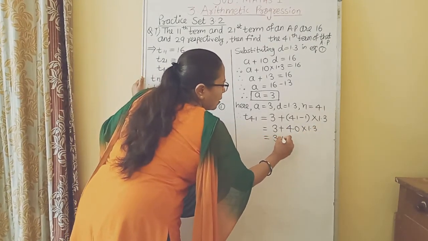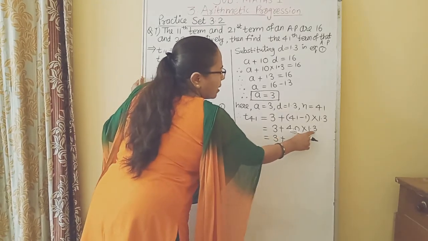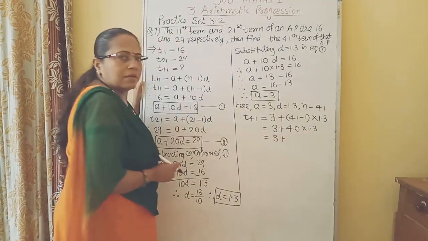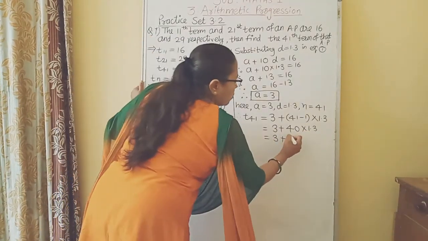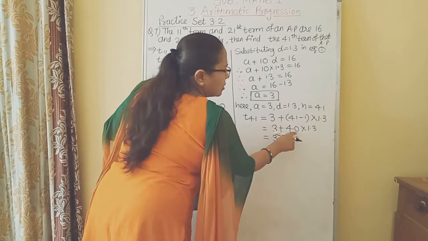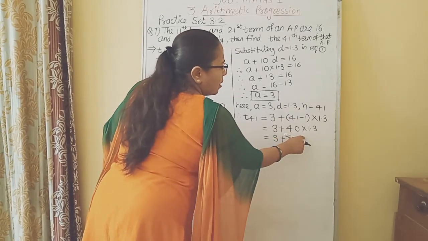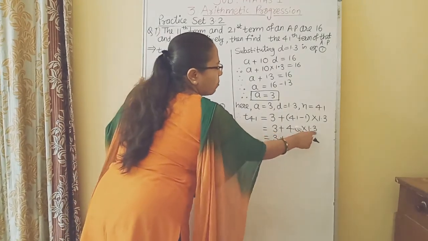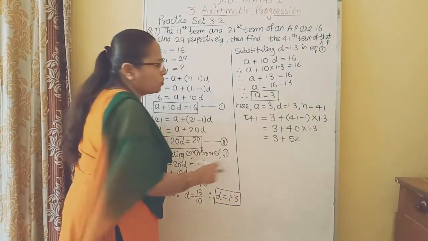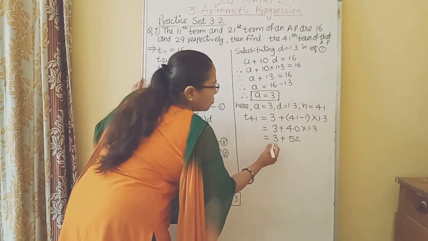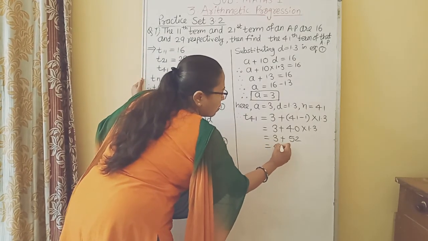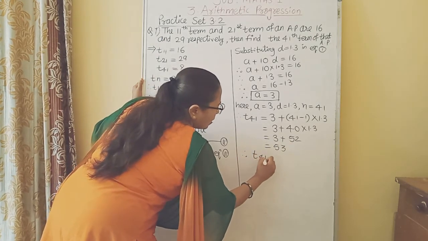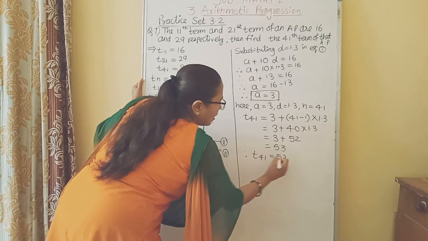So 3 plus 40 into 1.3. Now we have to multiply 1.3 by 40. 13 fours are 52, and this 0 adjusts with the decimal point. So 40 into 1.3 we get 52. So 3 plus 52 is equal to 53.